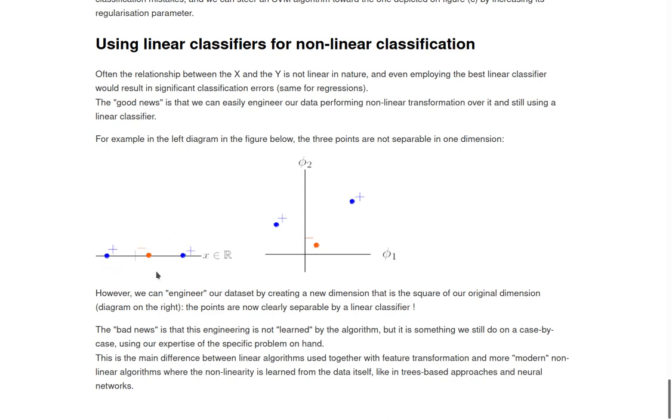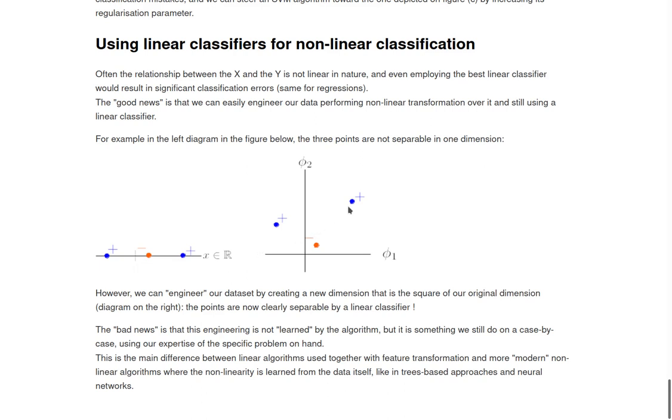Here is our original dataset in 1 dimension, and this dataset clearly cannot be linearly separable in 1 dimension. There is no way that I can put one classifier, which here would be represented by a dot, and correctly classify all the points. However, we can introduce a new dimension, for example, by making the square of the first dimension.